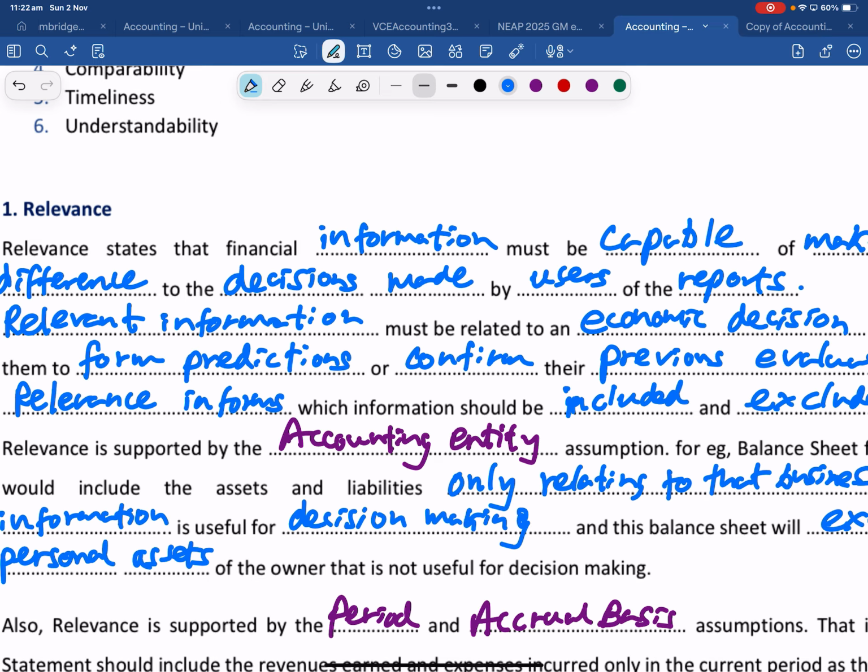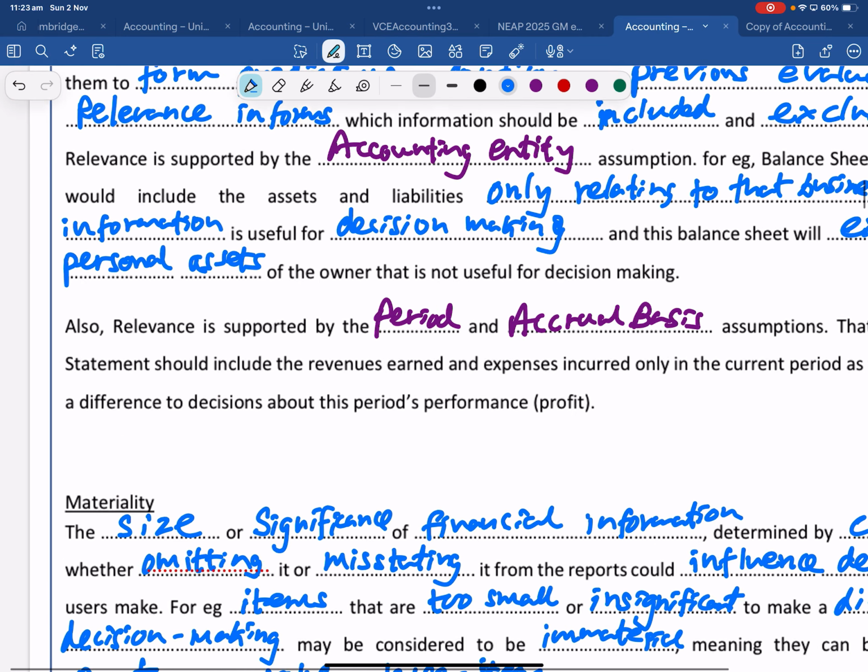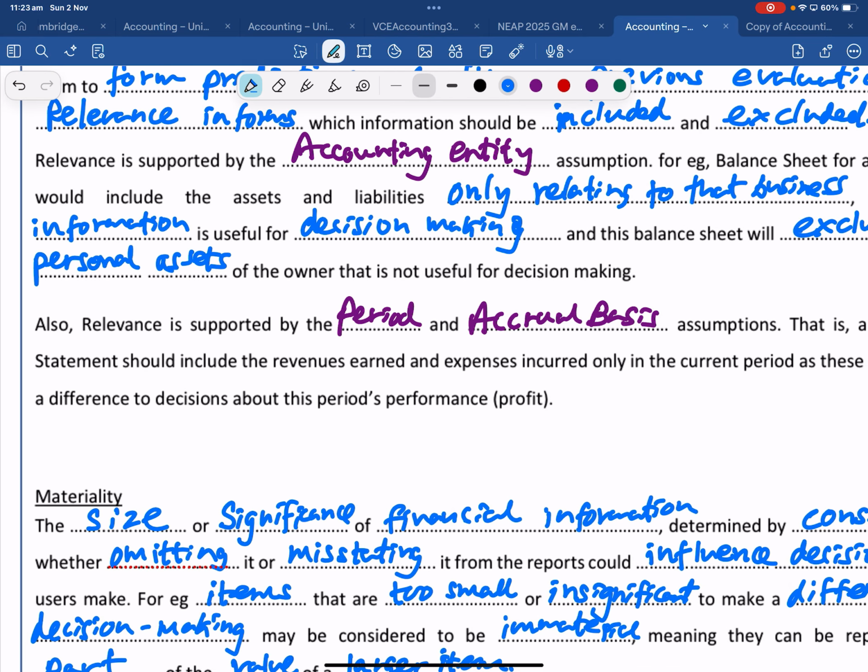Now, the point is that we are including only the useful information that is relevant to business decision making, right? So personal assets and liabilities we have excluded from the business reports. Then the other one is, guys, relevancy is supported by what? Period and accrual basis assumption.